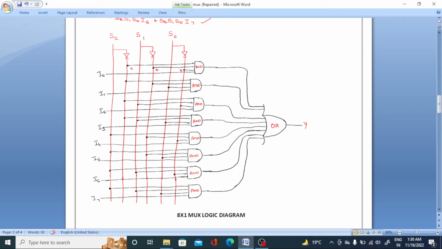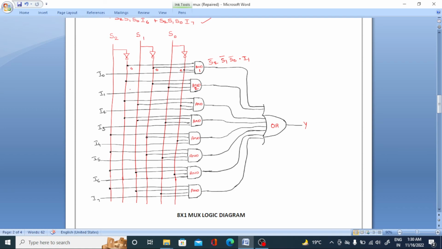In this line, the output is S2 bar, S1 bar and S0 bar into I0, because it is an AND gate. This is positive here. And what is the second AND gate output? Let us assume this is the first AND gate and this is the second AND gate.